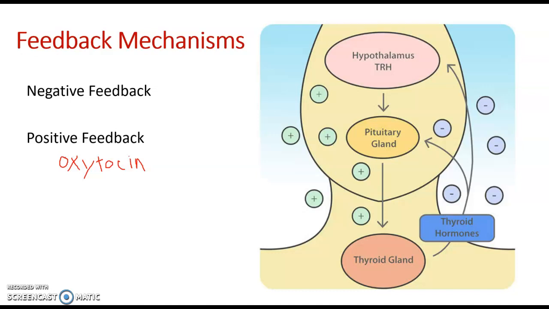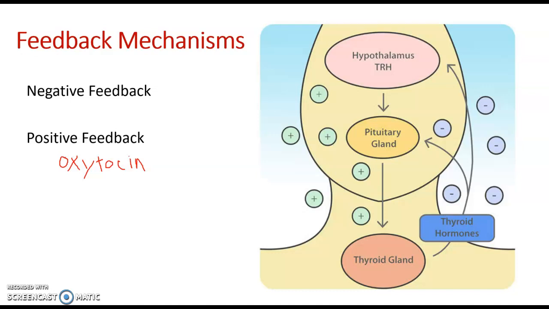On the flip side of that, some hormones, like oxytocin, experience a positive feedback mechanism, where once that hormone starts to be released, the presence of that hormone in the blood is going to tell the body to make more of it. So once the body senses that oxytocin has been released, then the body is going to make more oxytocin.